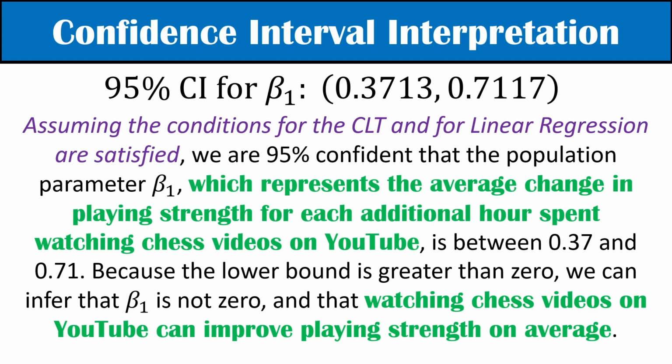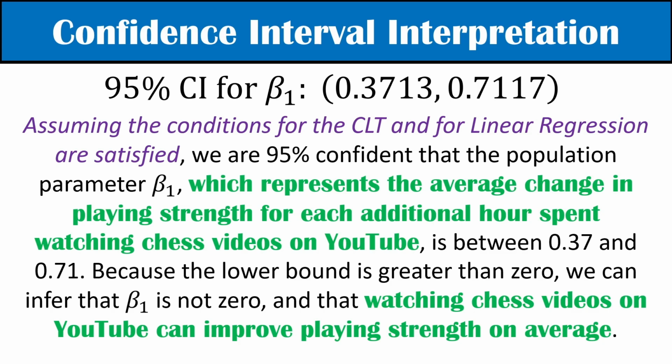Okay, so assuming all that's the case, we're 95% confident that the population parameter beta 1, and then see the next part, I'm explaining in context what beta 1 means, which represents the average change in playing strength for each additional hour spent watching chess videos on YouTube.